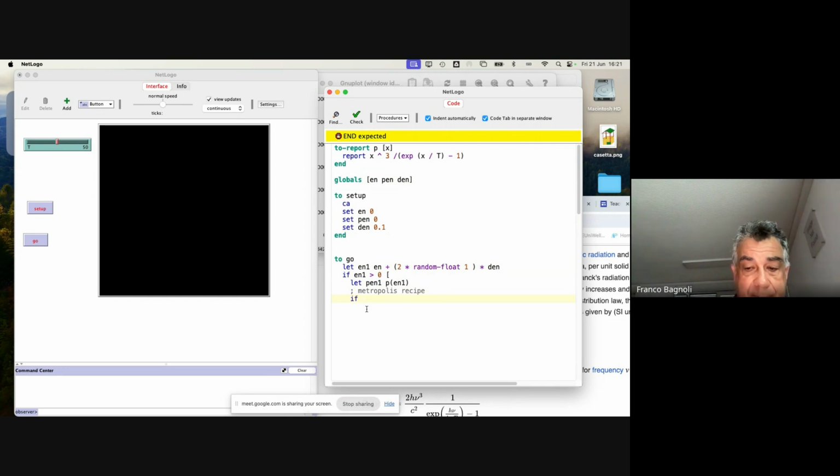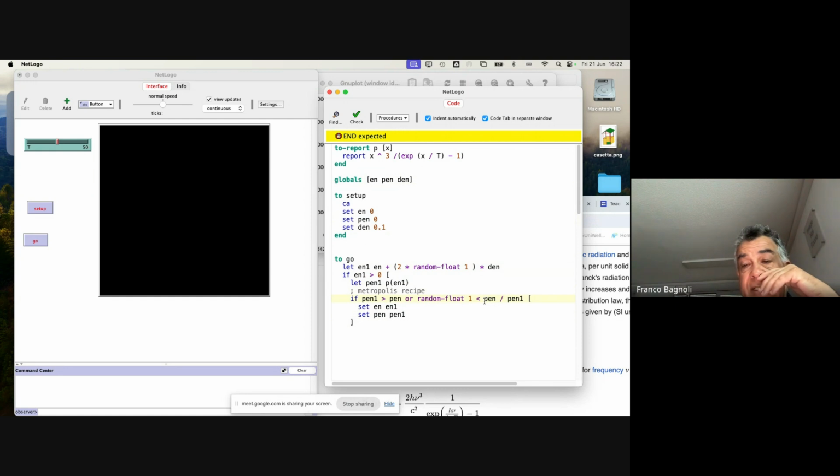So if pn1 is greater than pn, set an to n1. Otherwise, we accept only with the probability equal to the ratio, or random float at 1 less than pn1 over pn. Should be like this, no?